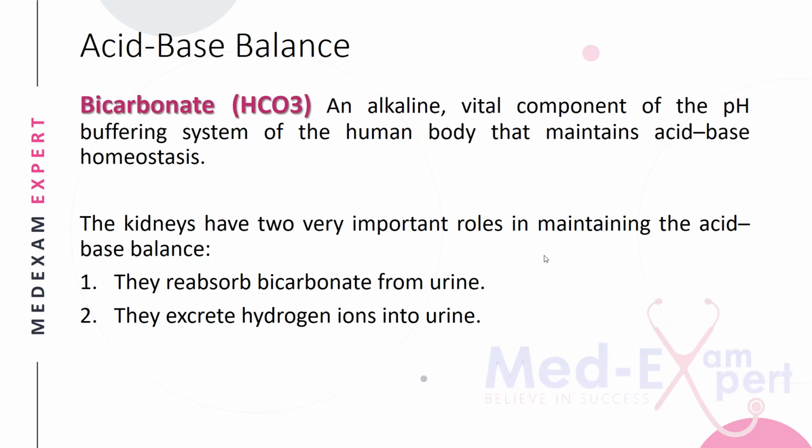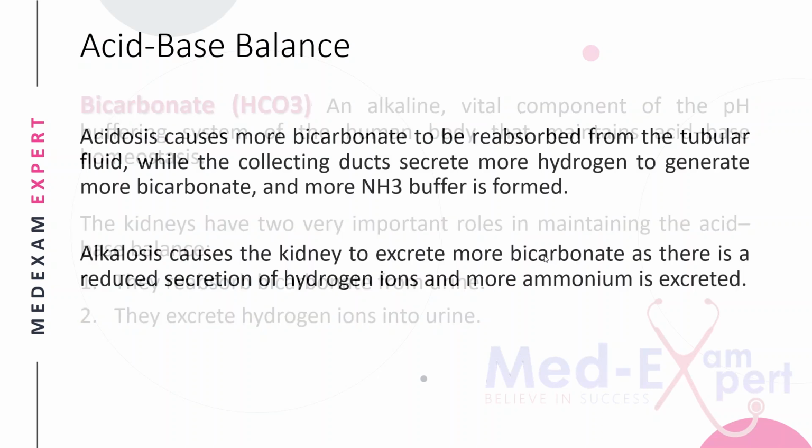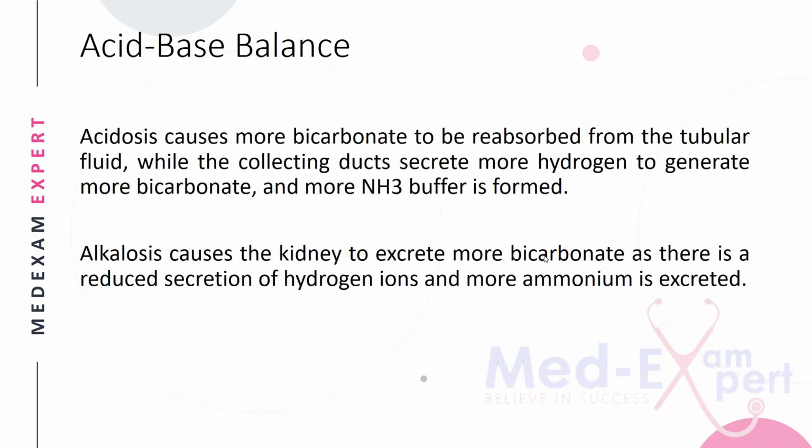So when I have any increase in the acidity of the blood, the kidney will try to reabsorb more bicarb and generate more bicarbonate to neutralize this acidity. And the opposite, of course, when alkalosis occurs, the kidney will try to excrete more bicarbonate to neutralize this alkalosis.